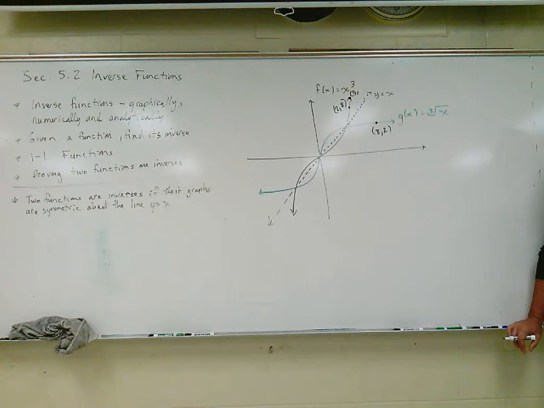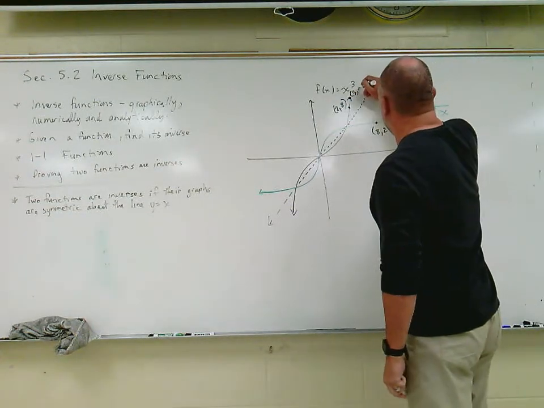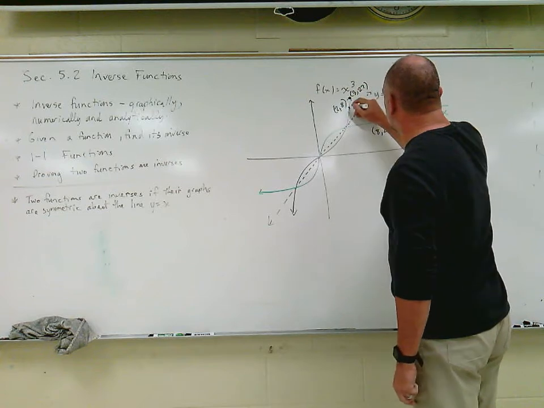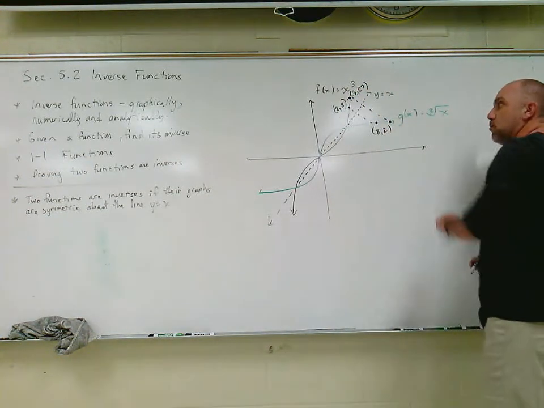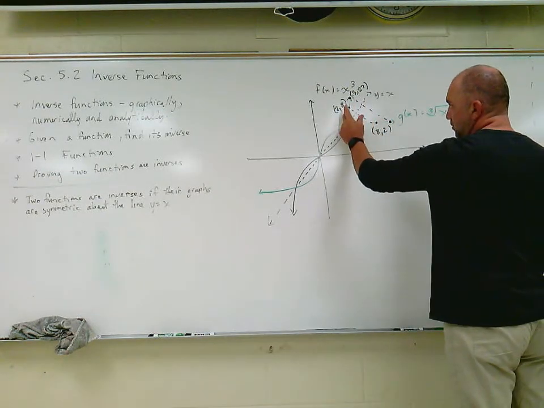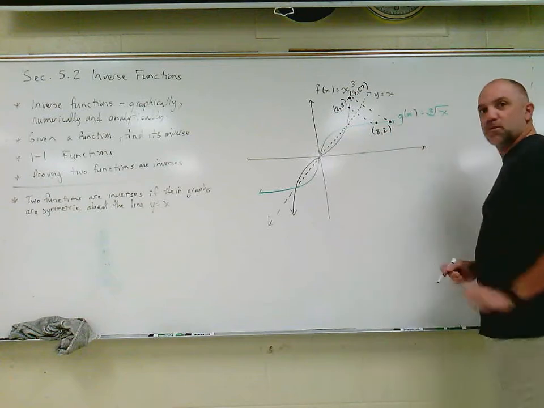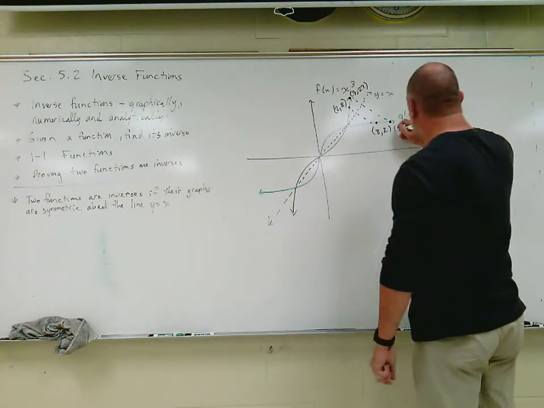What's 3 cubed? 27. 3 times 3 is 9. 9 times 3 is 27. All right. If I fold and it lands over here, so again, we're folding about this line, and we're trying to see what's the mirror point. Sorry, it should be the same distance here, but does anybody know what this point should be? (27, 3). That is correct.